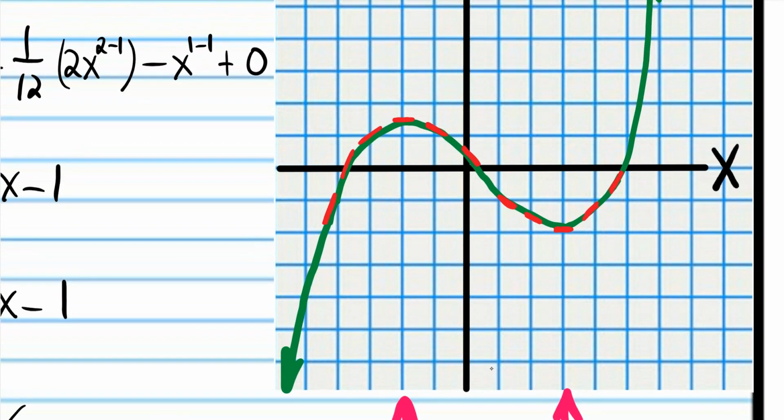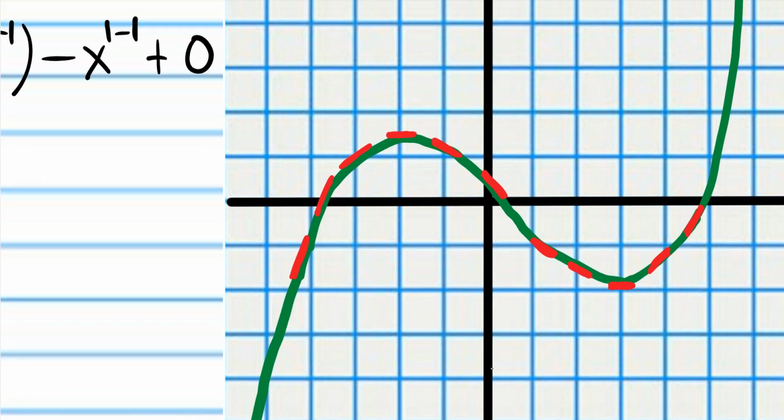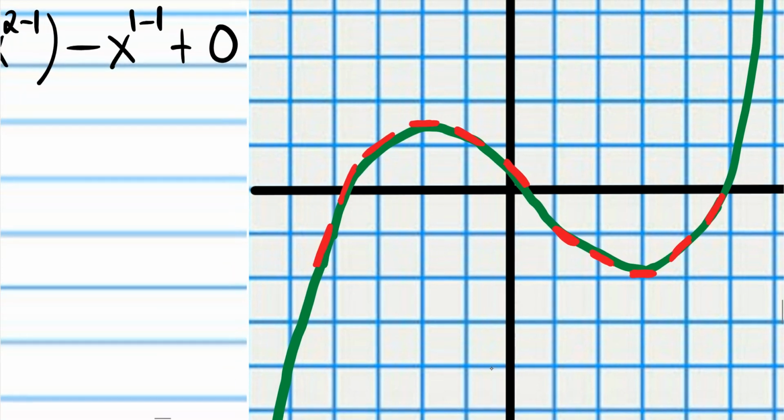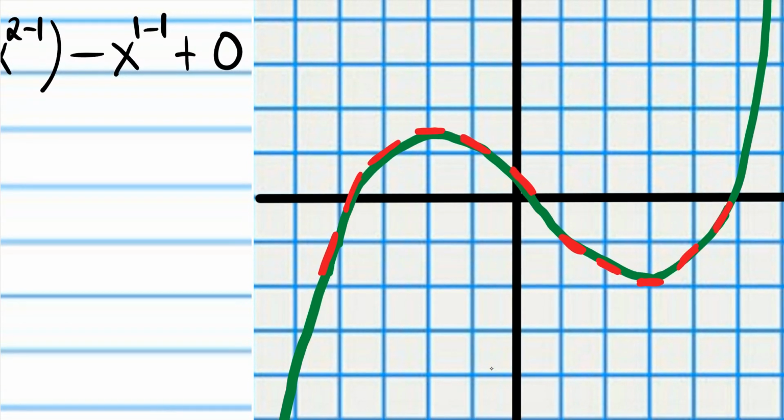And notice what happens to these little segments that represent the lines tangent to the graph, as we get closer and closer to this highest point on the hill. Notice what happens to the tangent line. At the very top of the hill, the line that is tangent to the graph of the function is actually horizontal.